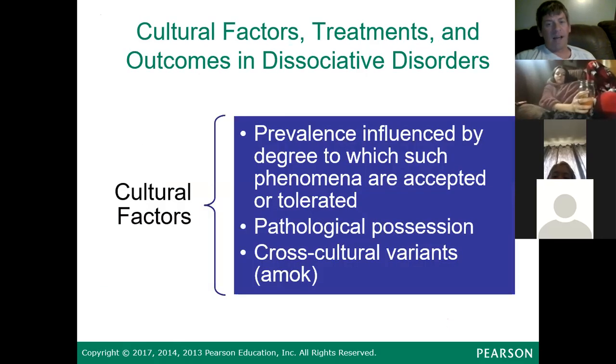So some cultural factors: the prevalence is influenced by the degree to which the phenomena are accepted or tolerated. So they're saying there's a cultural influence on the number of reported cases at any given point in time, say a yearly prevalence. If the culture is more lax and accepting of it, there's going to be more cases.